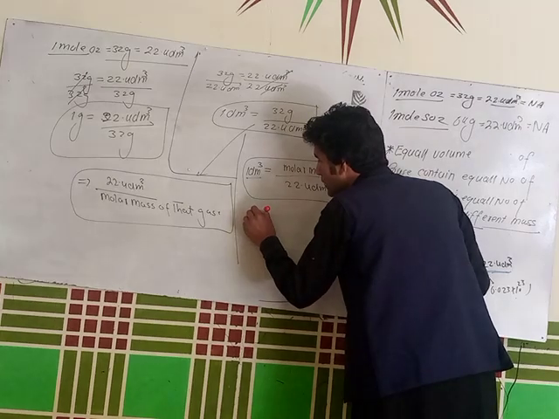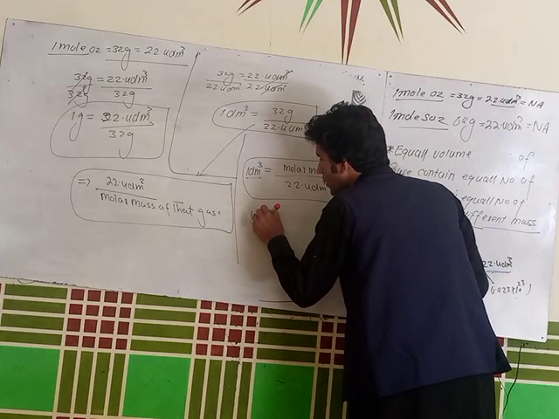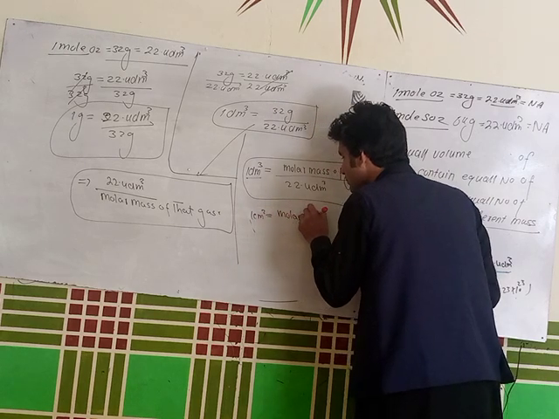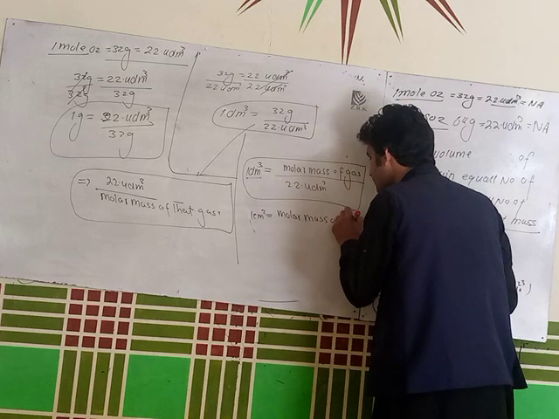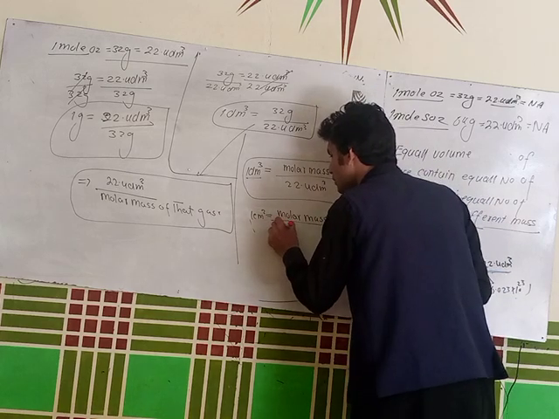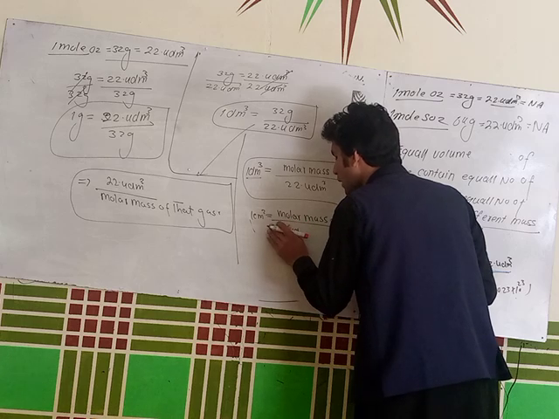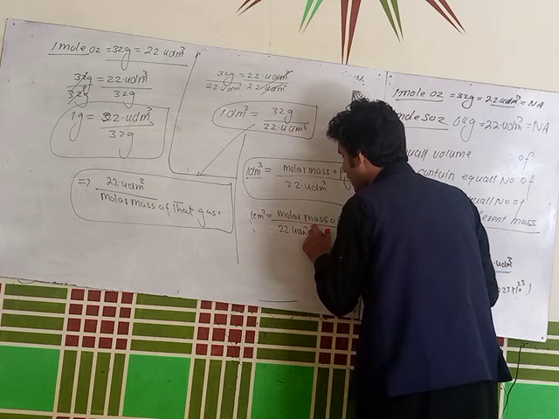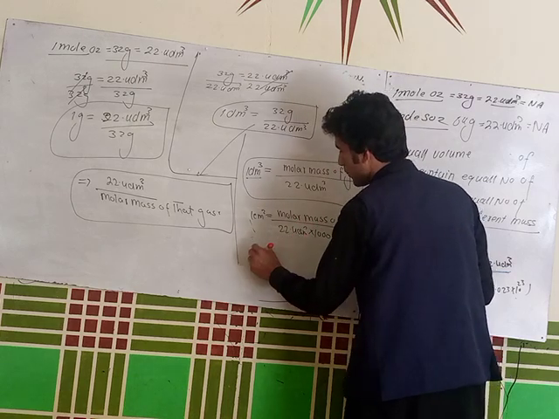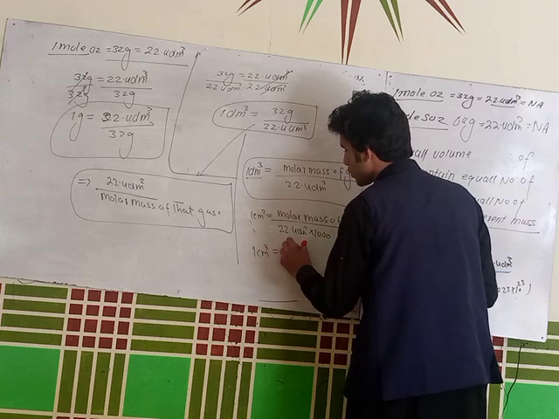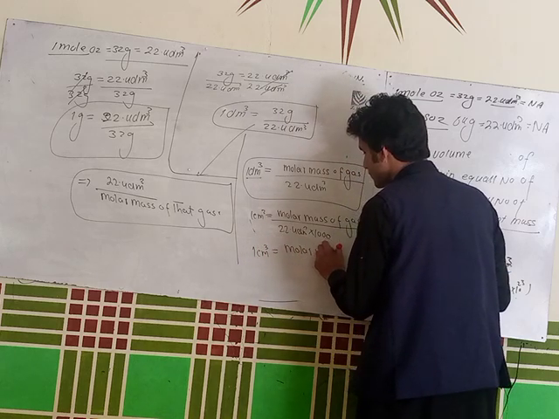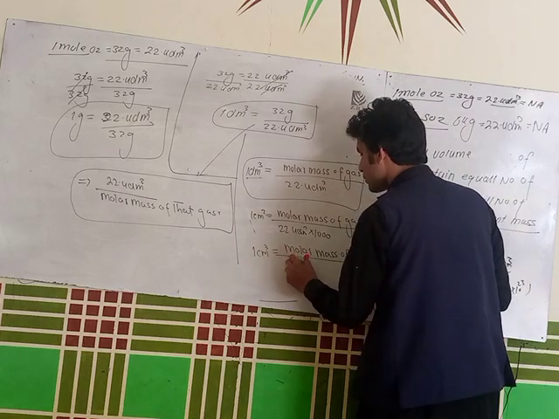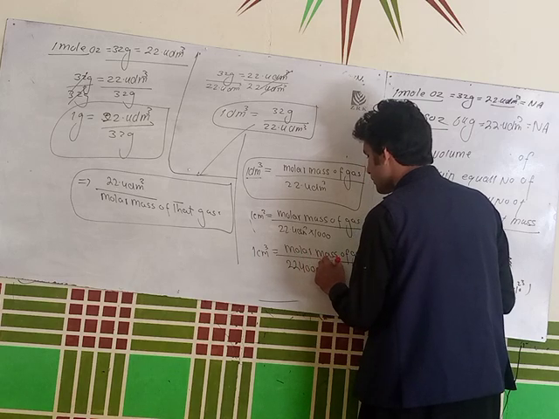Let's suppose 1 centimeter cube. For 1 centimeter cube you can write the molar mass of gas divided by 22.4 decimeter cube, which you can also write as 22.4 decimeter cube multiplied by 1000. So 1 centimeter cube will be equal to the molar mass of gas divided by 22,400 centimeter cube.